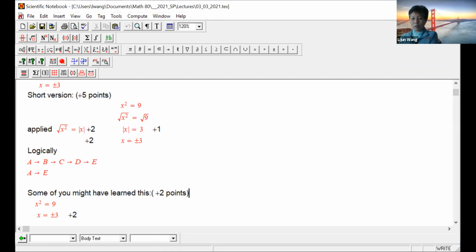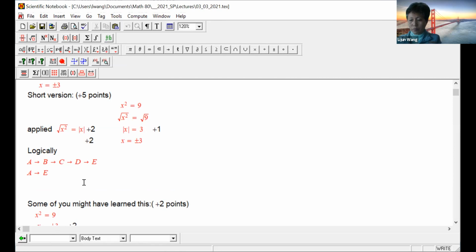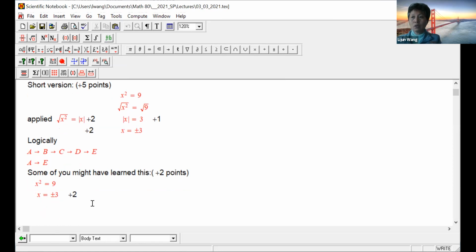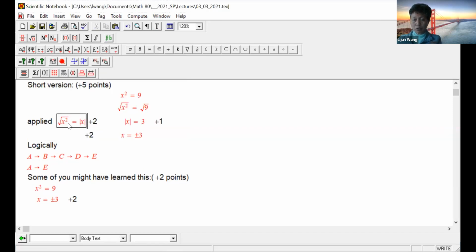Why do I impose these? The reason is to reward you, and not only to reward you, but primarily to reward you for using this very important fact. That's one reason. And the other reason for the 5 points version, there are 2 reasons.